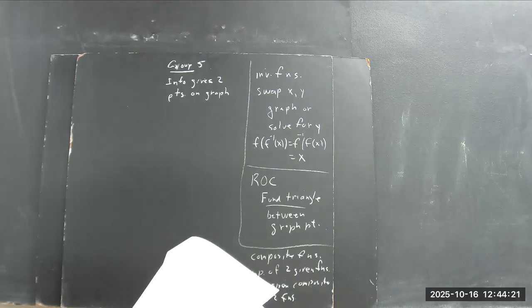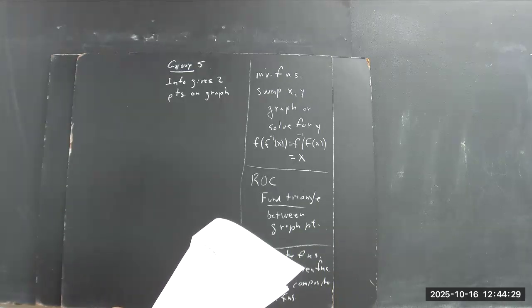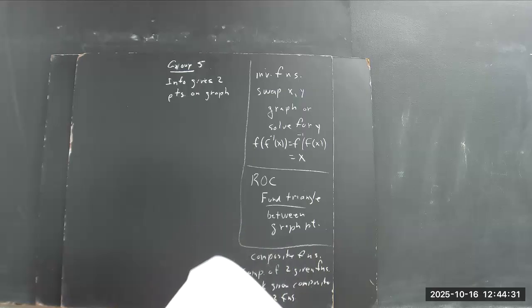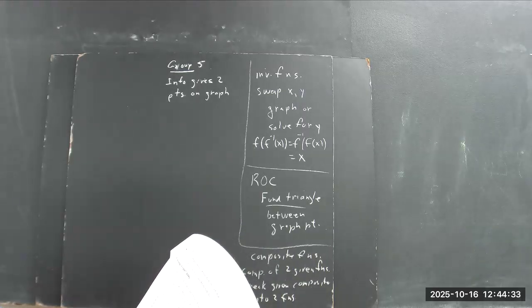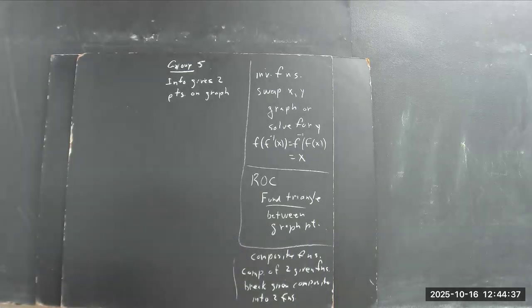In the first problem, it says in month 7, your monthly profit's $30,000. In month 9, it's $40,000. Represent as 2 points on the graph, and sketch a graph of a straight line through the 2 points. Okay. You'll be able to do that.